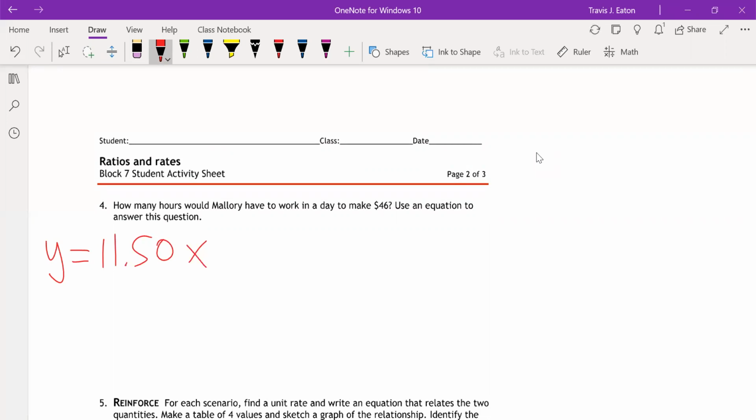And so if we want to make $46, all we'd have to do is substitute the amount of money she makes with the 46 and write the rest of the equation out like that, and then solve for X, because X is the number of hours that she works, right? So we could divide that by 1150.